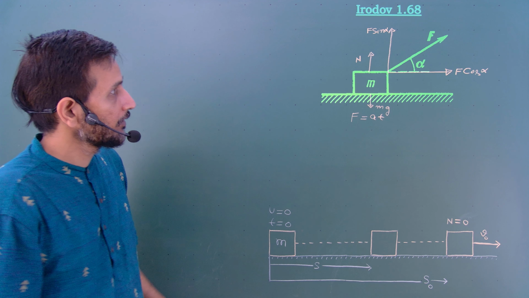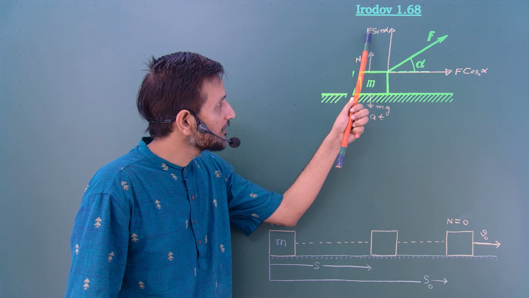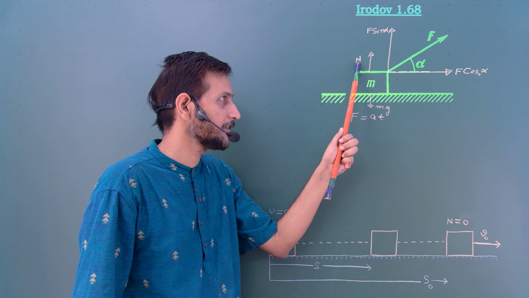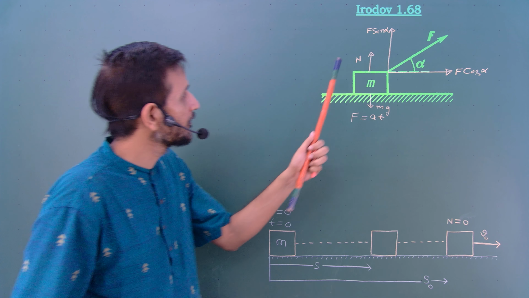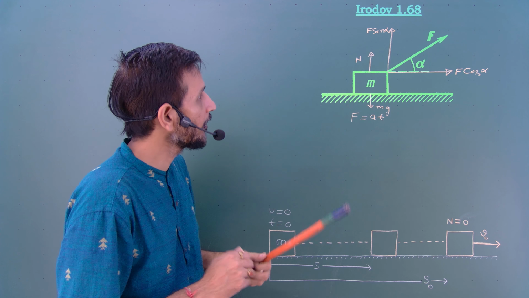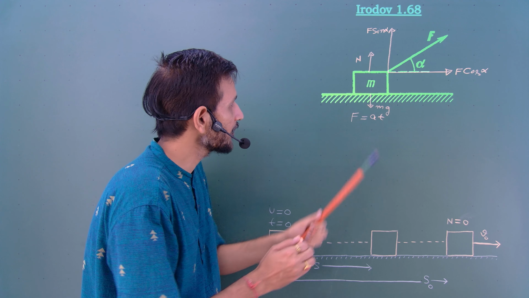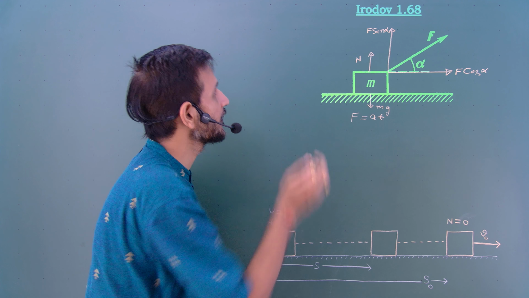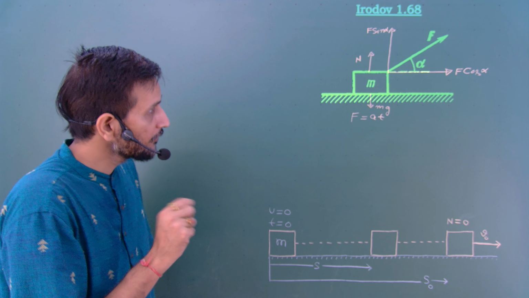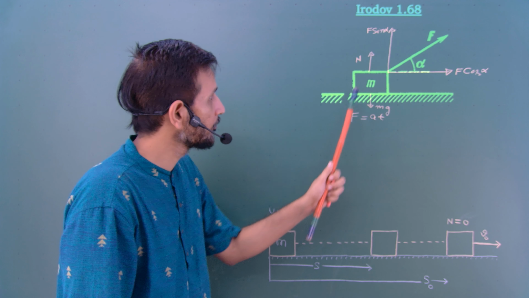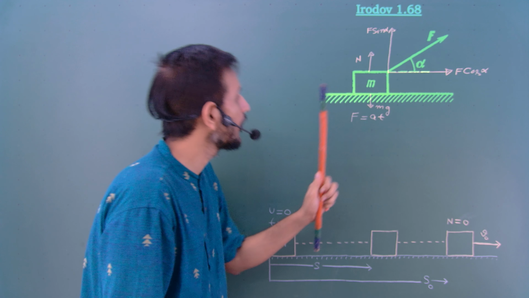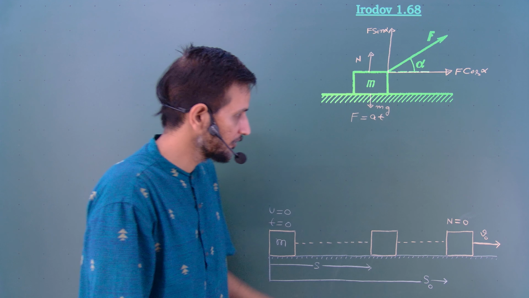Now what happens when this force increases, the value of N decreases. There is a time when this N becomes 0. After that this block starts moving in upward direction. So we have to calculate the velocity of this block when the block lifts off the plane, that is, normal is 0.